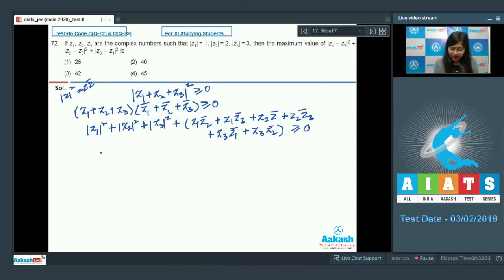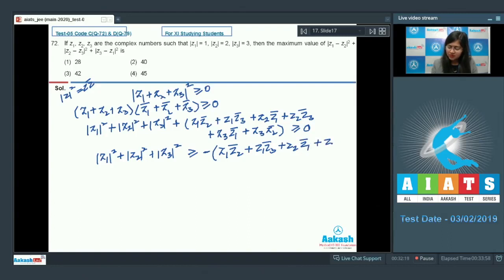Now it can be rewritten as mod z1 square plus mod z2 square plus mod z3 square is greater than or equal to minus of (z1 z2 bar plus z1 z3 bar plus z2 z1 bar plus z2 z3 bar plus z3 z1 bar plus z3 z2 bar), right? So this is the inequality which we get from here.